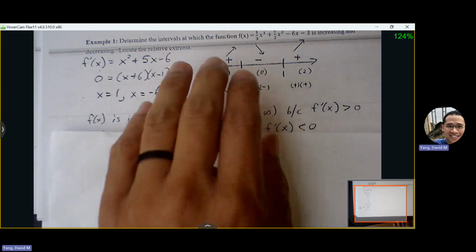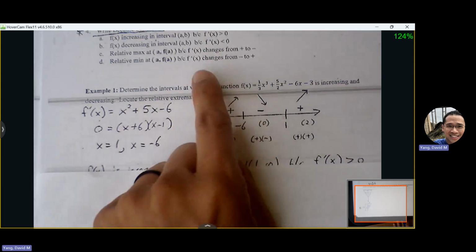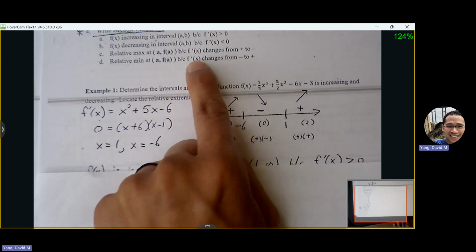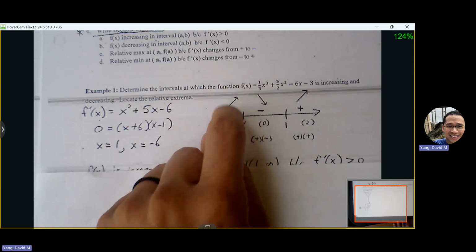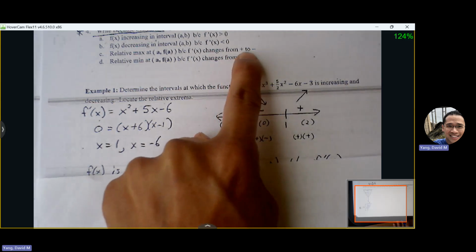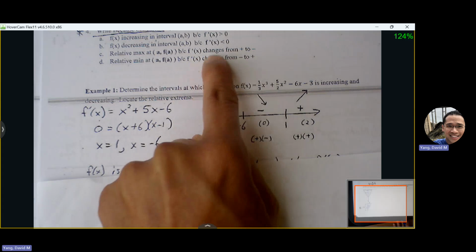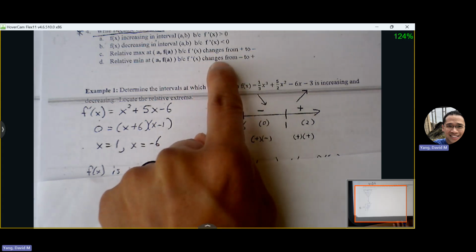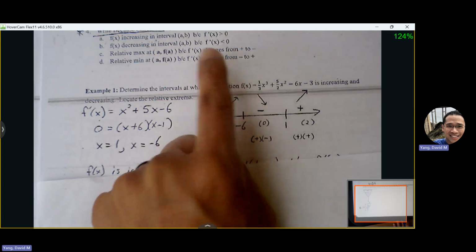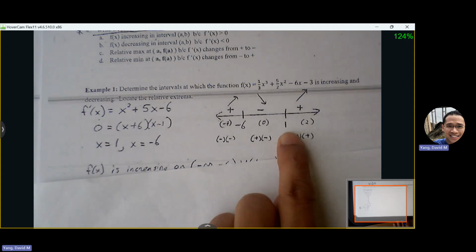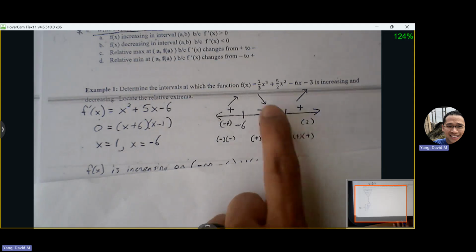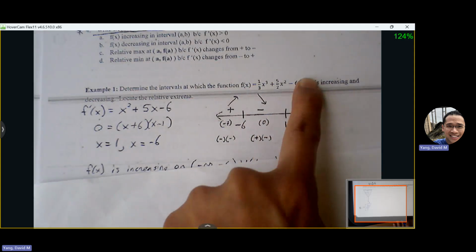And our reasoning would be there's a relative max because f prime changes from a positive to a negative. So this is our line of reasoning, our because statements for relative max and relative min. We have to indicate the order of sign change. Likewise, there's a relative minimum at x equals 1 because f prime changes from a negative to a positive.